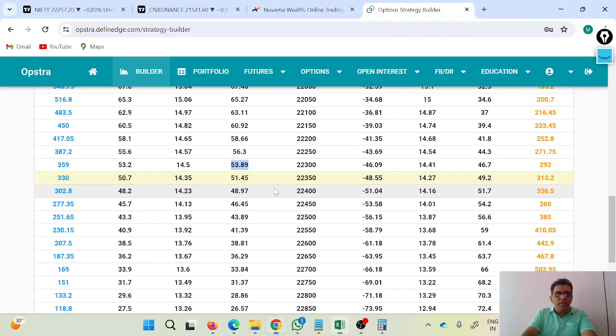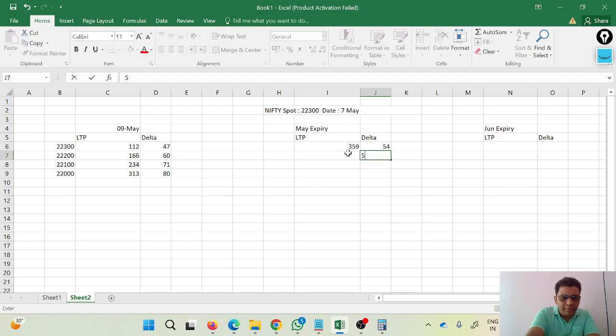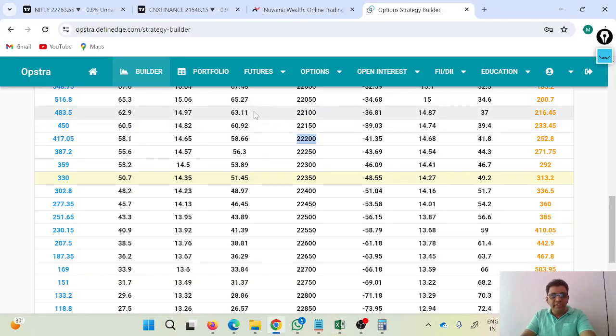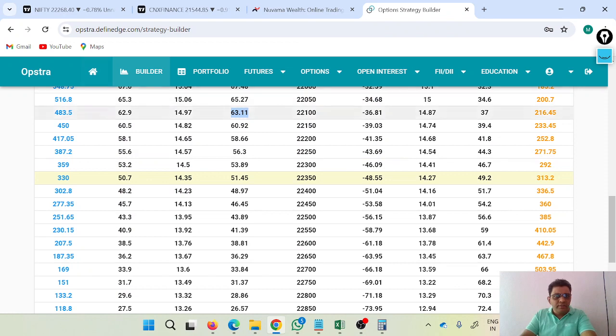Then 22,200, this is 58.66, so I may write it down as 59, and LTP is 470. 22,100, 63 is the delta, and LTP is 483.